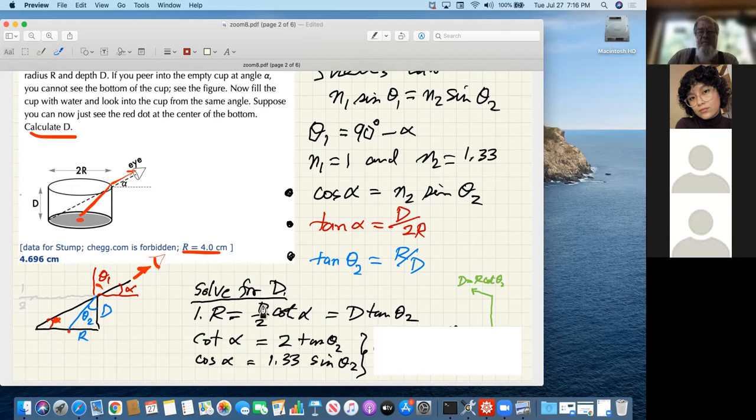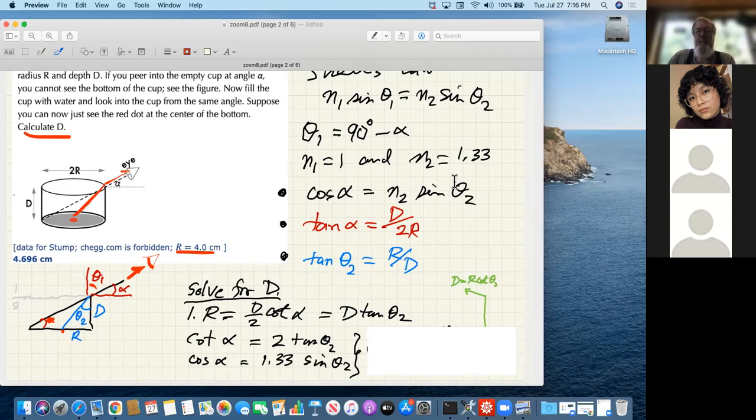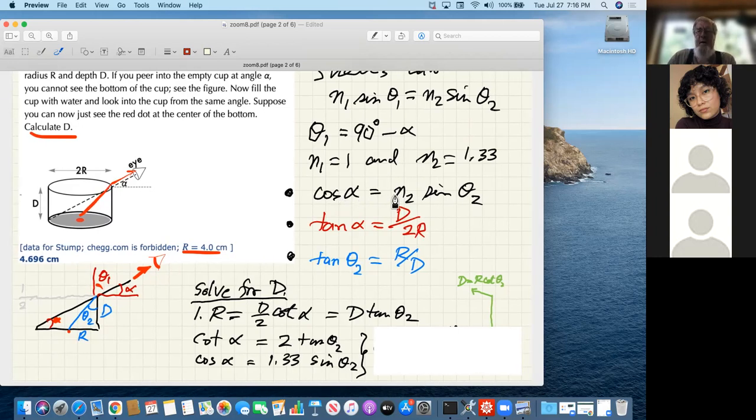For one thing, I have, okay, cancel the D's, then I have cotangent alpha is 2 tangent theta 2. So there's one equation. And now this equation relates alpha and theta 2. Cosine of alpha is 1.33 sine of theta 2.